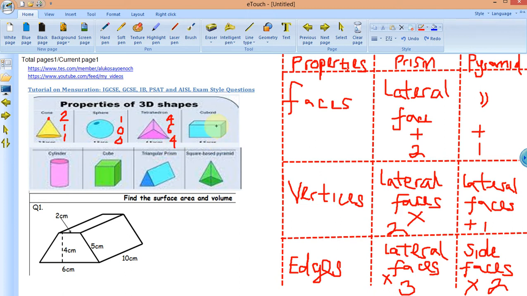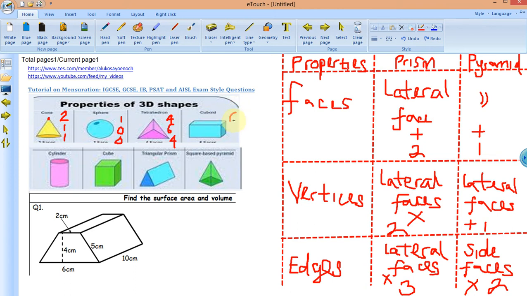Okay, so let me apply the same formula to this prism. Lateral faces here is 4, because these are the side faces: this side, and back, then back and front here, making 4 side faces all together. So to get the total number of faces, we have side faces, which is 4, plus 2, so that is 6.